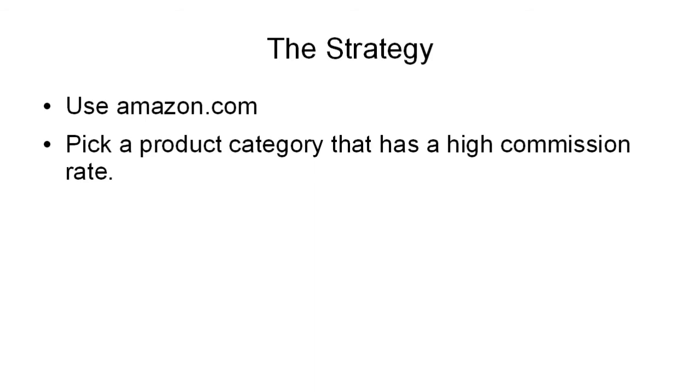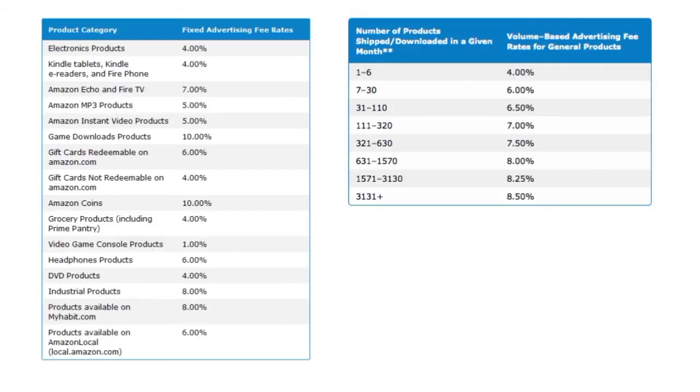And you want to pick a product category that has a high commission rate. Let me explain what I mean. These are the product categories and advertising fee rates from Amazon.com. And you'll notice that on some particular categories, they have a fixed advertising fee rate.